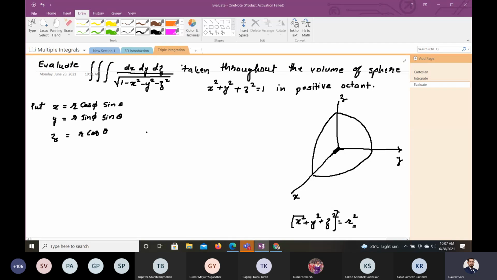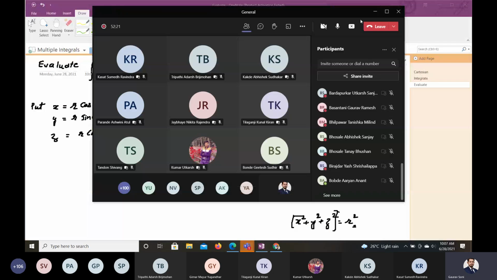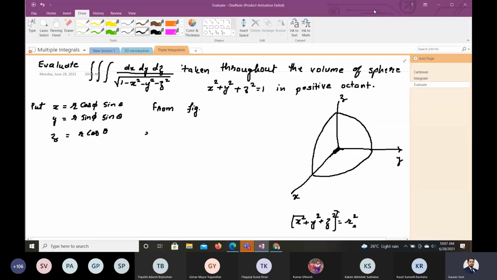What is the significance of r? R is the distance from the origin, phi is the angle made on the xy plane, and theta is the angle with positive z axis. So from the figure, what are the limits for r, theta, and phi?